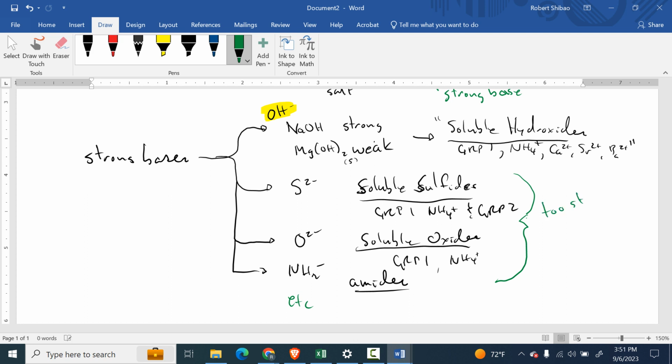These are too strong to exist in water. The strongest base that can exist in water is hydroxide. So hydroxide is the strongest base in water.